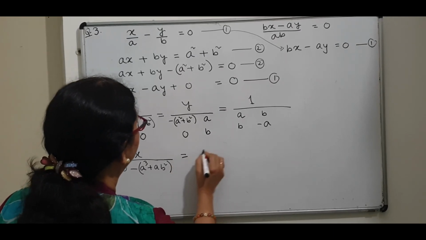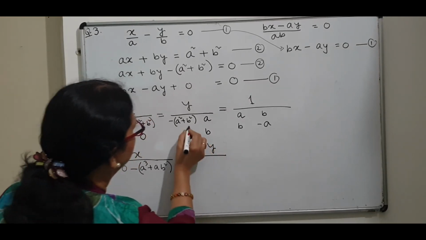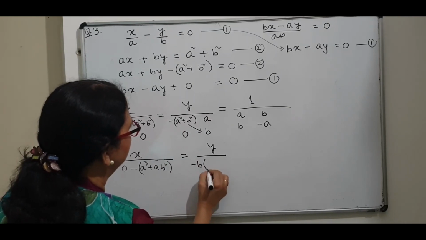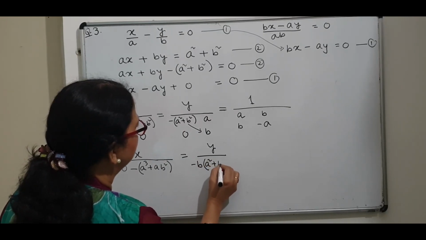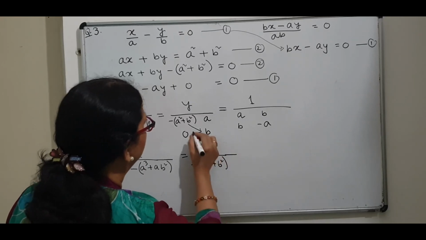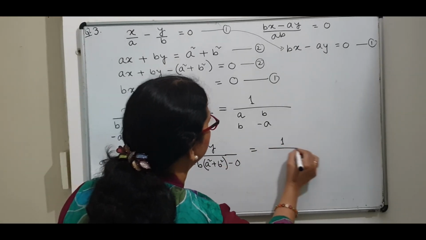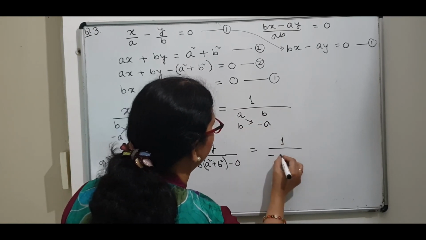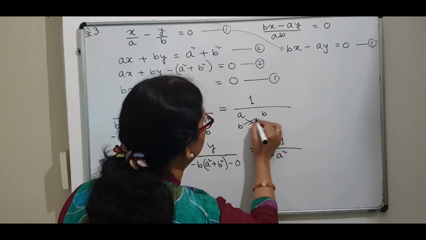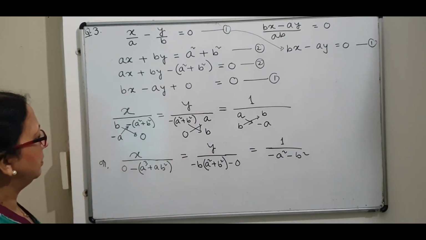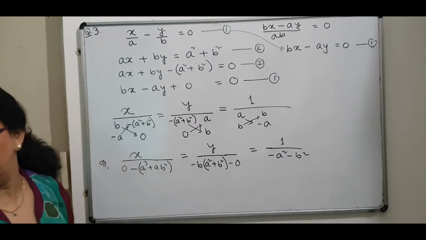Is equal to y upon this into this, minus is there, so minus b into a squared plus b squared minus 0, is equal to 1 upon this into this, so minus of a squared, minus this, so minus of b squared. Now this one let me write in the factor form instead of in this form, then it will be easier.